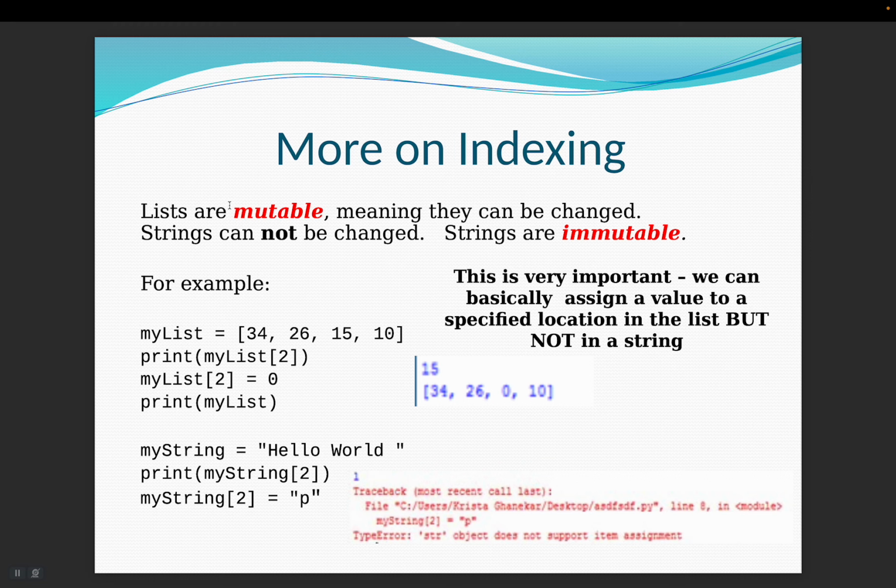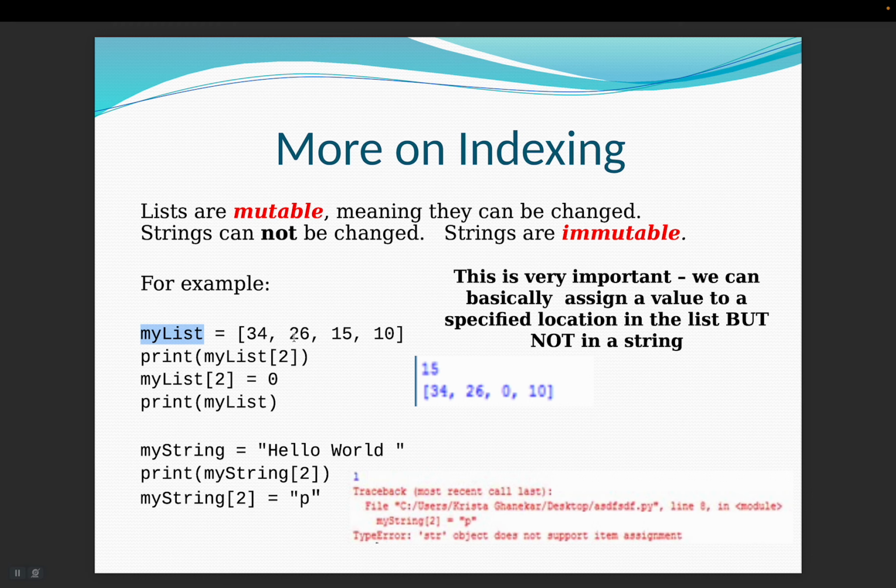Okay. So lists are mutable, meaning they can be changed. Strings cannot be changed. Strings are immutable. This is very important. We can assign a value to a specified location in the list, but not in a string. For example, we have a list called my list, and we have the items in there. We print the list.